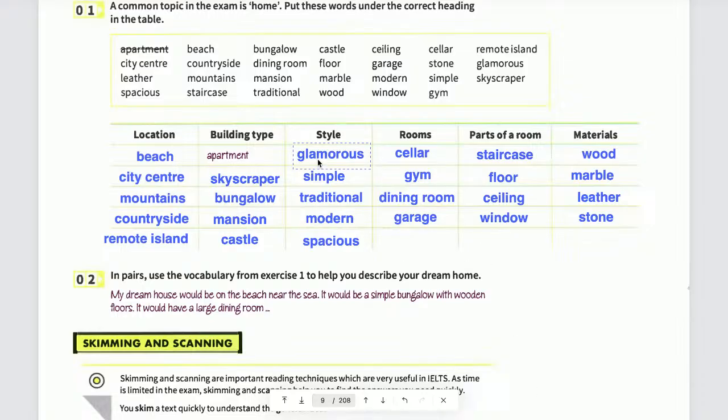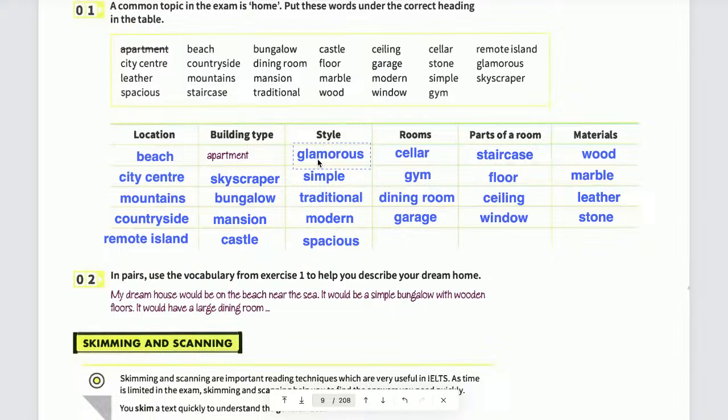Glamorous. Ngọc Anh. Thiên Nga. Guys, when I ask you, if you don't understand anything, just ask me. You didn't ask, and now I'm asking you, and you can't answer.